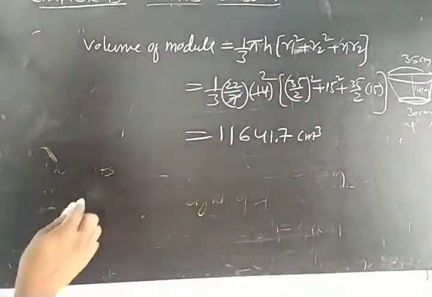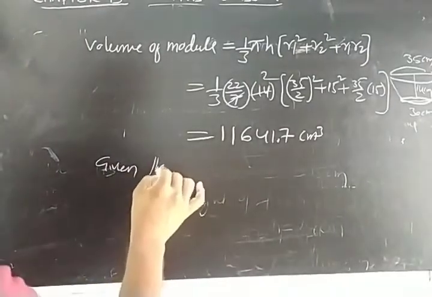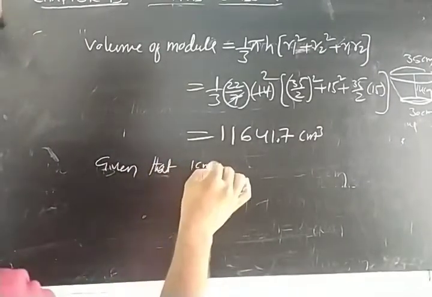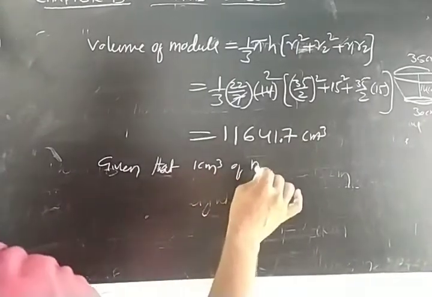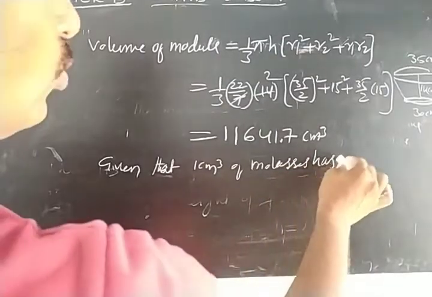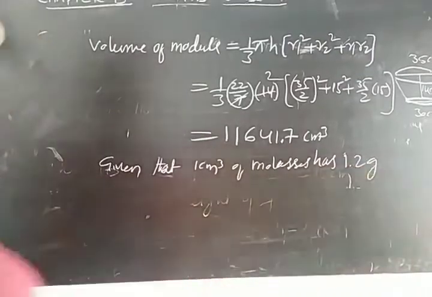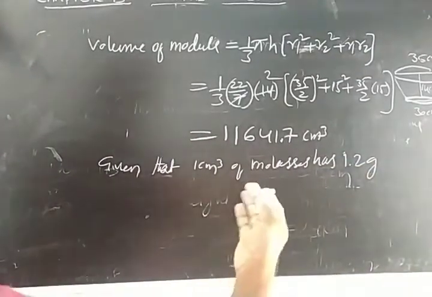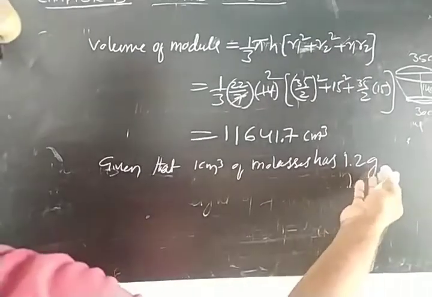This is the volume of the mold. In the question it is given that 1 centimeter cube of molasses has a mass of 1.2 grams.